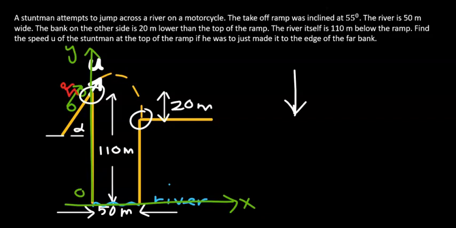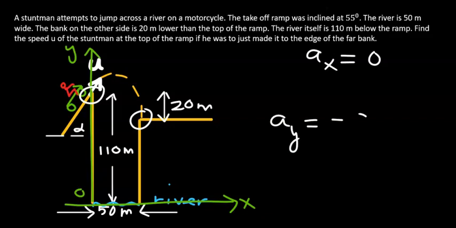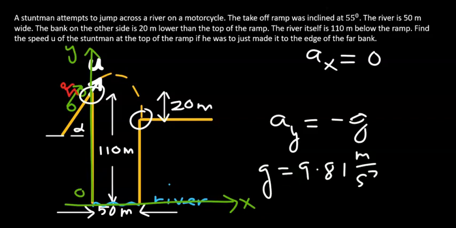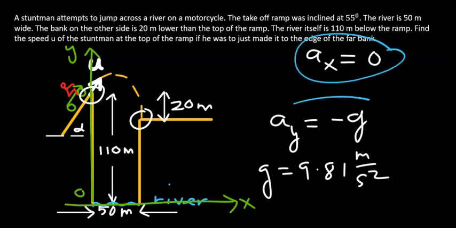There is no acceleration along the x-axis. So the acceleration along the x direction is 0, and the acceleration along the y direction is minus g, where g is 9.81 meters per second squared. These are constants, so kinematics apply.